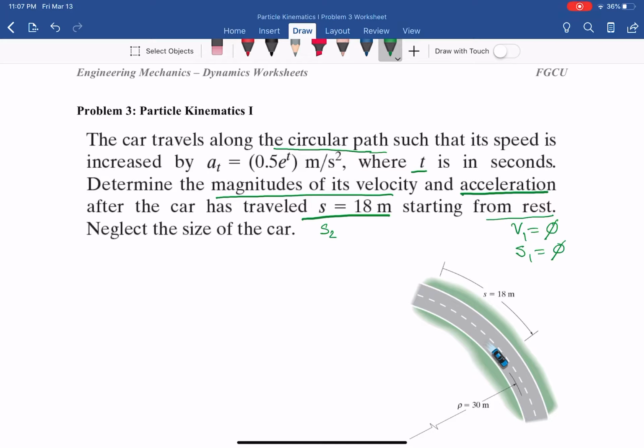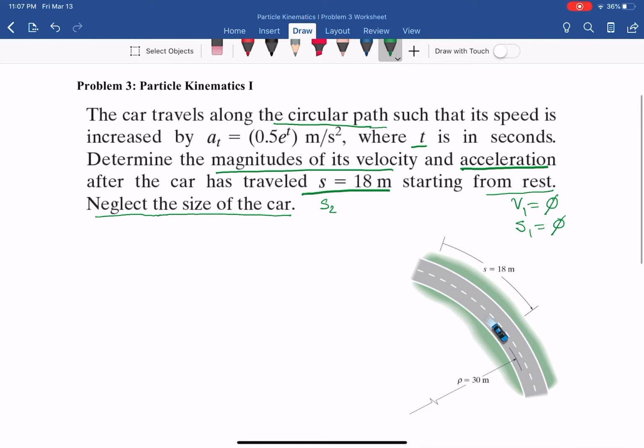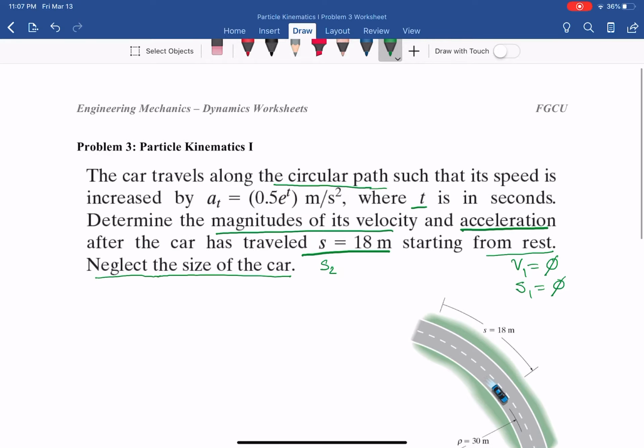And basically in this problem, they say neglect the size of the car. So as you can see, in reality, the car is a body, not a particle. But in this case, we only look at the motion, the general location of the car. So we can consider it a particle, and we can ignore the size of the car.